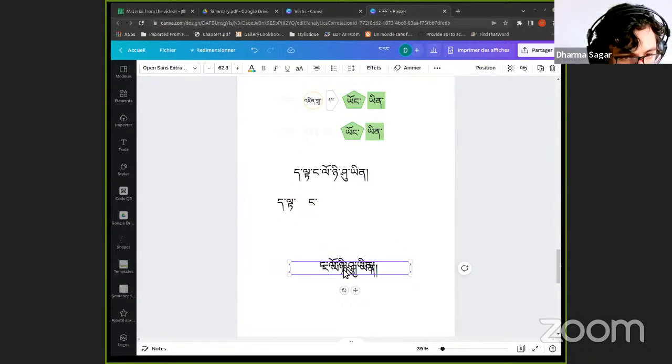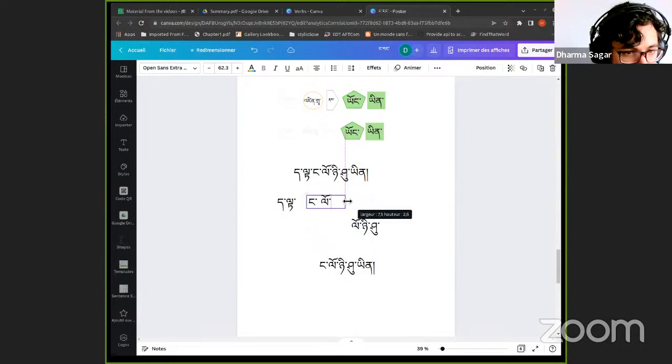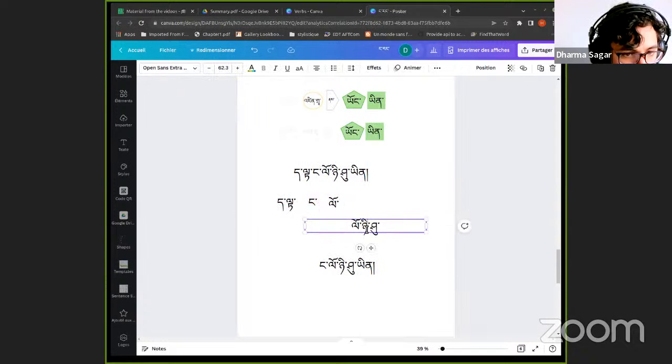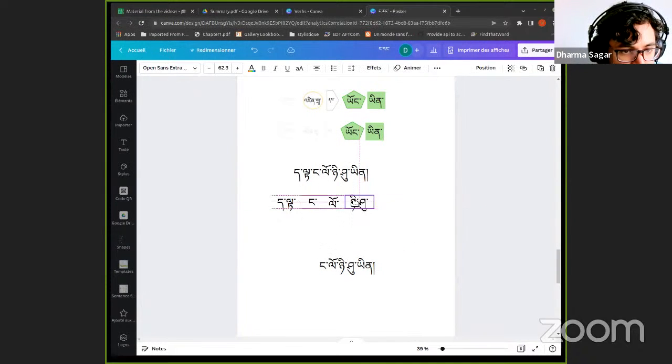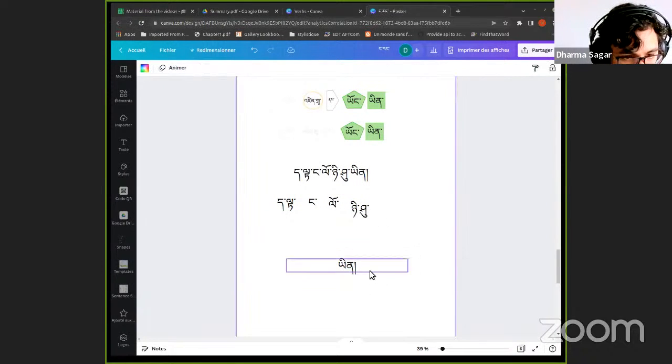And then we have lo yishu, which is actually 2 words. Lo nishu. And finally we have yin.